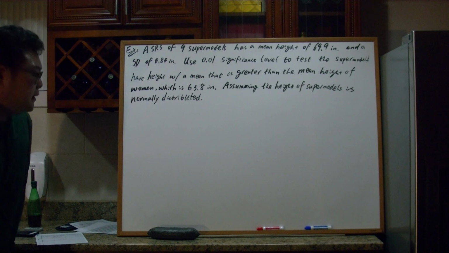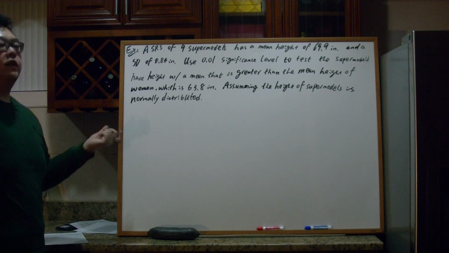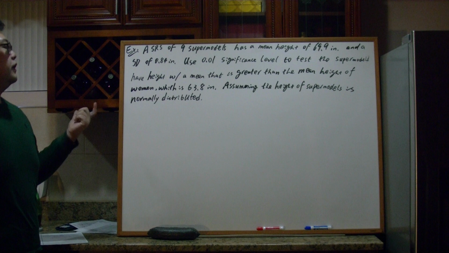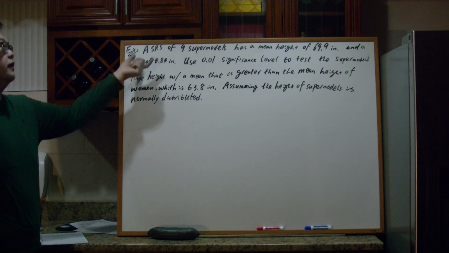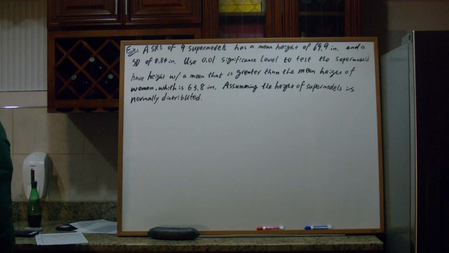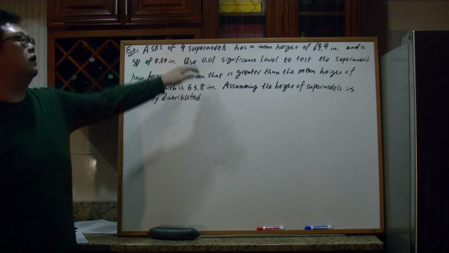Alright, so again, the wording is a little easier. The standard deviation is a whole sentence, which is from the sample. The height has a mean of 69.9 inches still. The height has a standard deviation of 0.84 inches for those 9 people.